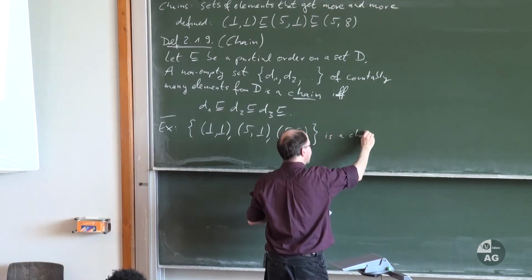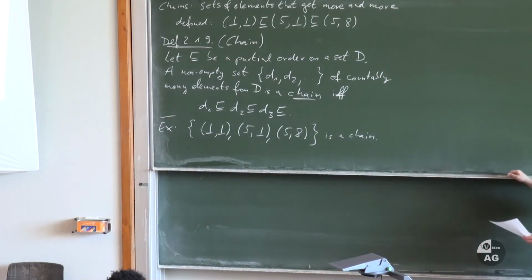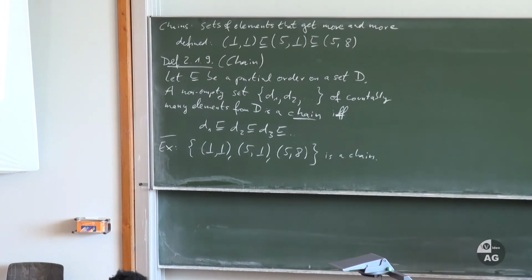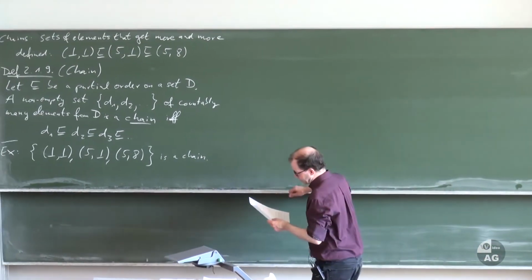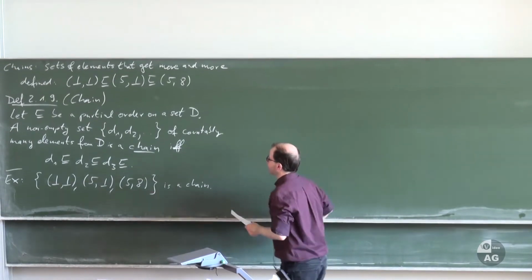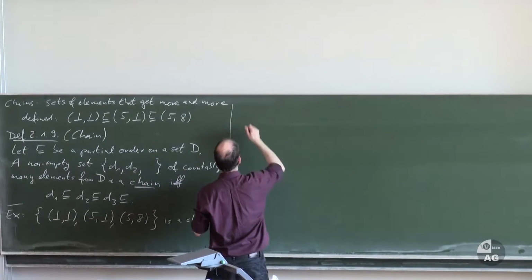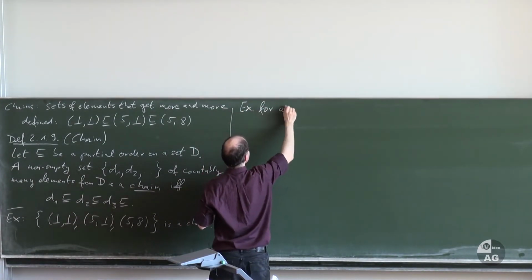This is a chain, and of course we would like to see whether chains can also be infinite. Well, with tuples, there is no way to get infinite chains if we just have tuples of integers. But if we have functions, then we can indeed have infinite chains as well. So let's look at an example for an infinite chain.